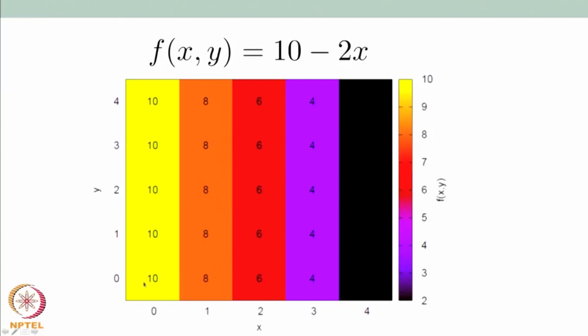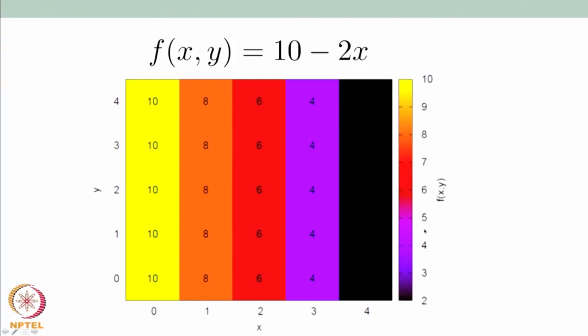It depends on x. When x is 0, it is 10, and 10 means yellow. What is shown here is a color code. Look at this small vertical bar here. Yellow means the value is very high, 10. Black means the value is very small, around 2. Red means the value is around 6 and 7.